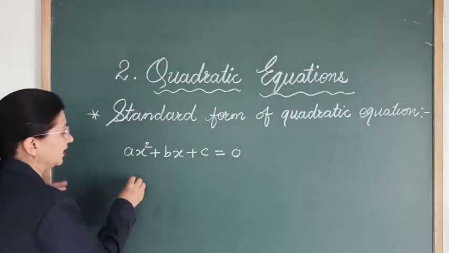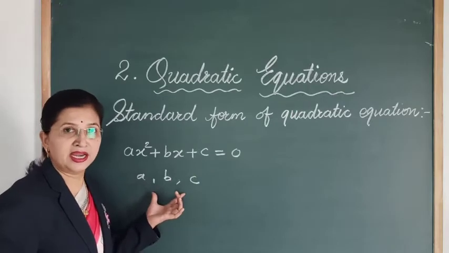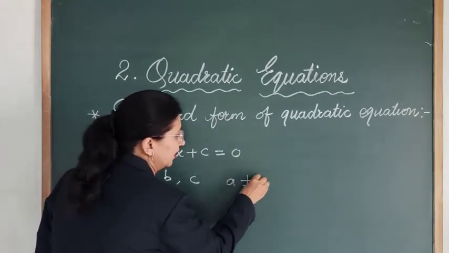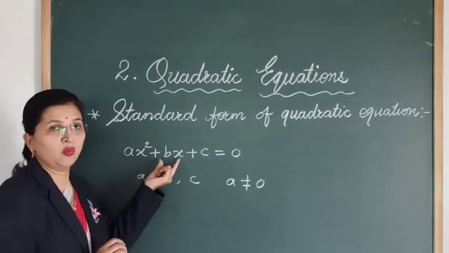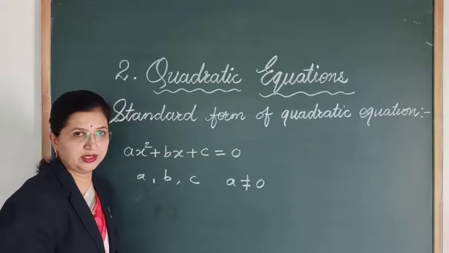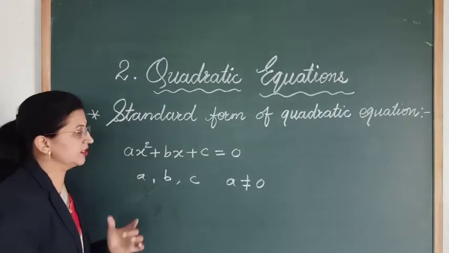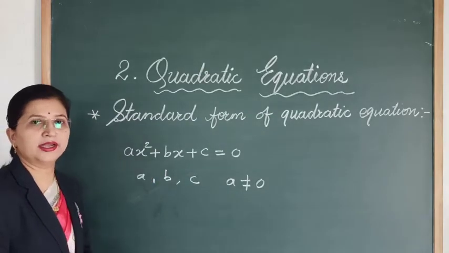Okay. So where a, b and c are real numbers and a is not equal to 0. If a is equal to 0, then the equation won't remain a quadratic equation. Okay. So here a should not be equal to 0. So this is the general form or standard form of the quadratic equation.